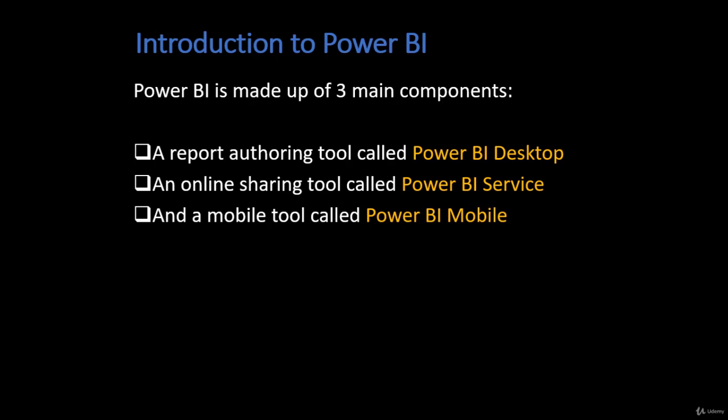Then you are going to publish that report to the Power BI online service. This is going to give you an opportunity to be able to share those reports with other people within or outside your organization. So the online sharing tool called the Power BI service basically has three main subscription components. So there is a free version.